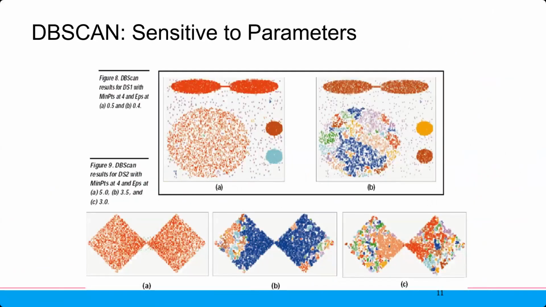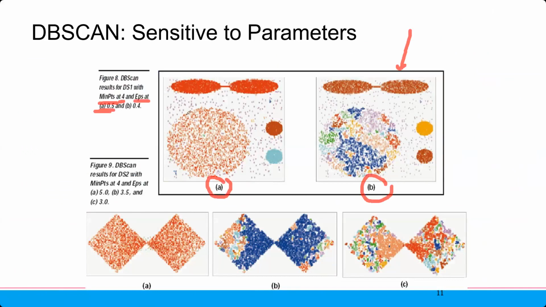For DBSCAN, it is mentioned that the parameters are very sensitive. So we have the picture, figure A and figure B. In figure A, the minimum points is 4, but the EPS is 0.5.